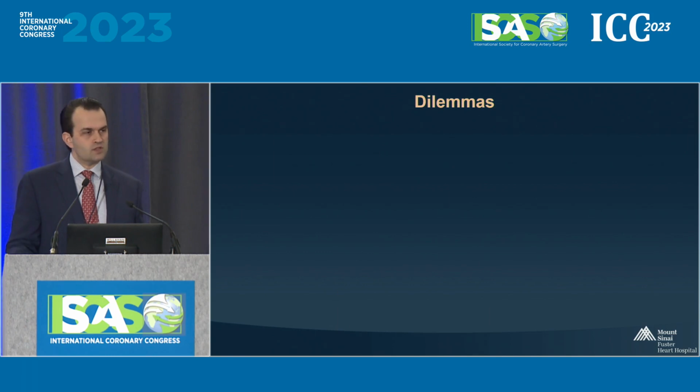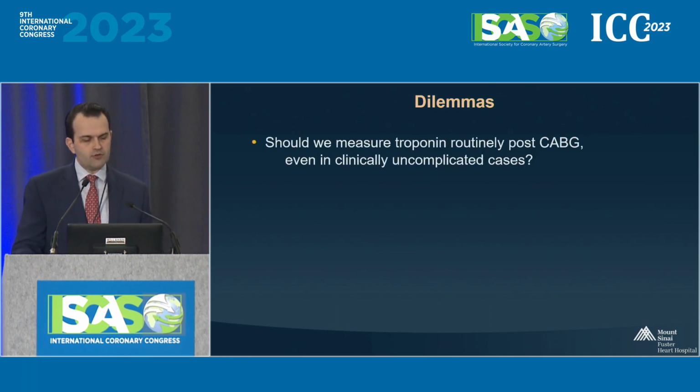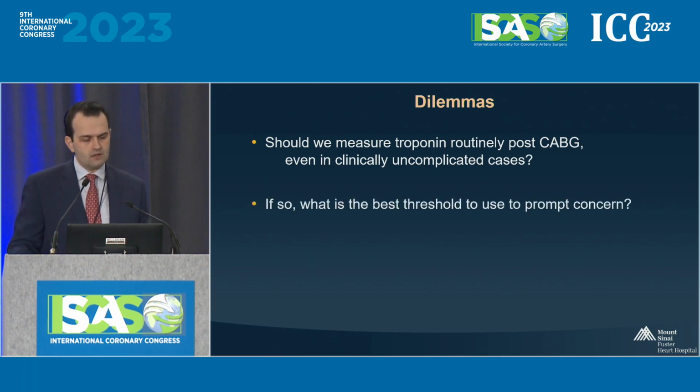And within this discordance clearly arise several dilemmas, which I think will be most fruitful for the panel to discuss. Namely, first and foremost, should we be in the routine practice of measuring troponin in the absence of any motivating clinical concern? Is this something that ought to be an element of our screening for adverse events?